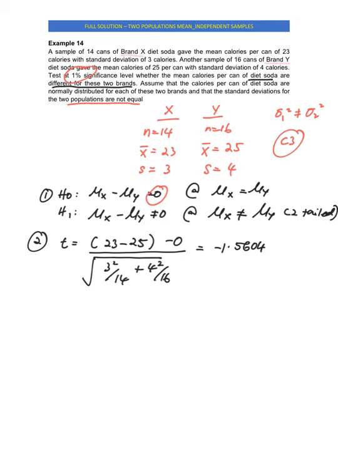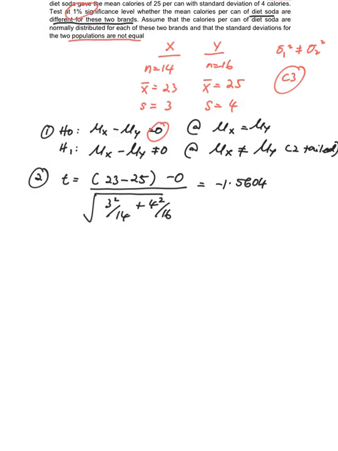Now, since our variance of standard deviation are not equal, you need to calculate first what is the value for DF, degree of freedom, sebab kita assume dia unequal kan. So degree of freedom formula dia S1 square over N1 plus S2 square over N2 square.